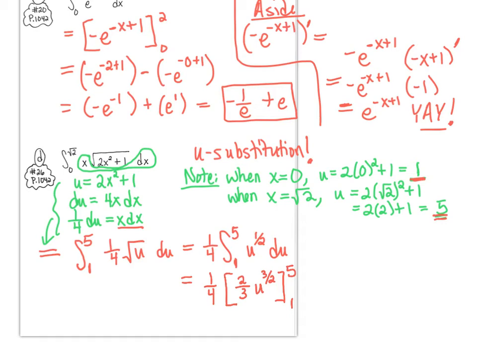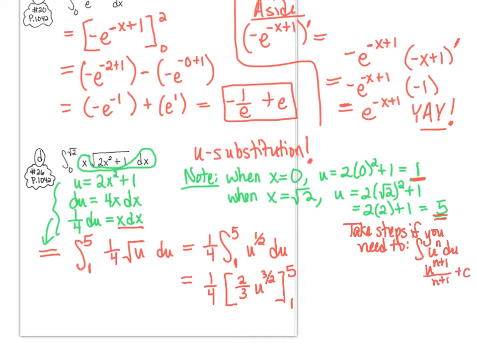If you're questioning where that came from, take steps if you need to to find the antiderivative. So remember, the integral of u to the n du is equal to u to the n plus 1 divided by n plus 1 plus c.